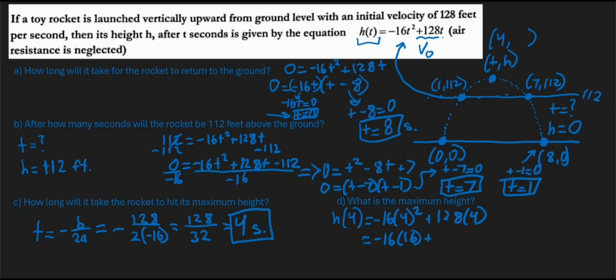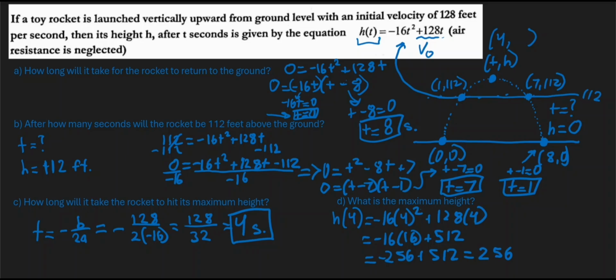That'd be a 512. All right, so negative 16 times 16 would be, I believe, a 256, but let me double check that. Yeah, so we have a negative 256 plus 512, and that would give us a positive 256.